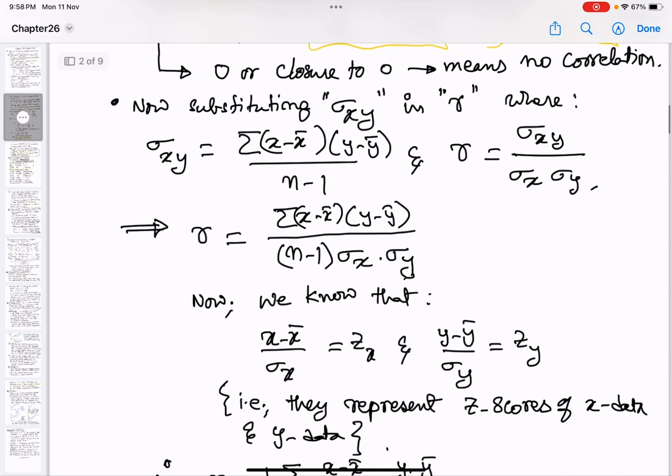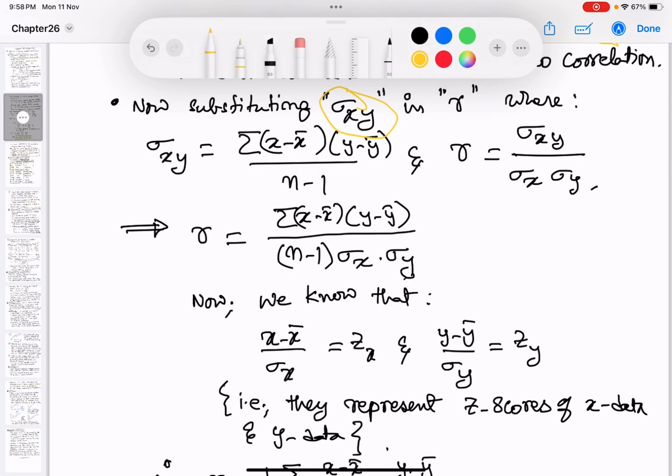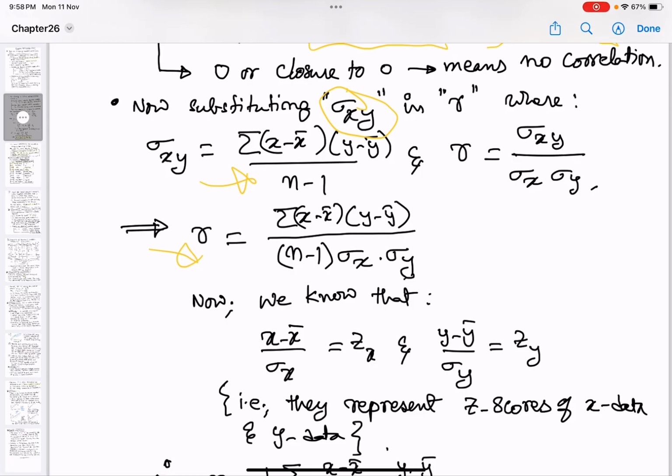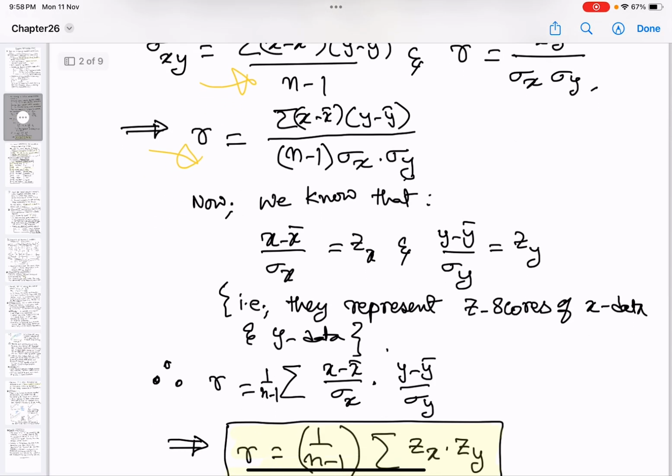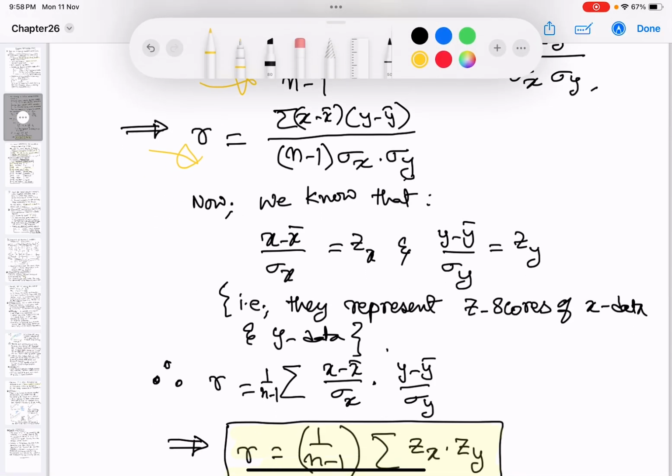Now substituting the value of covariance in R, we get this formula which we anyway saw. So this also we saw. Now we know x minus mean divided by the standard deviation. Look at this, now we have a new term which is zx and zy.